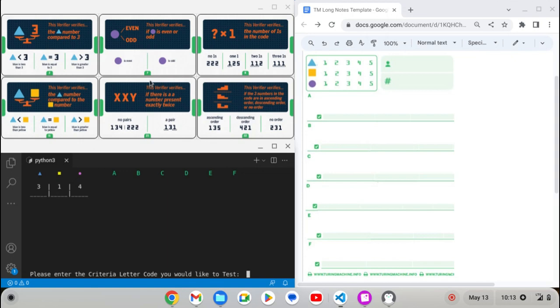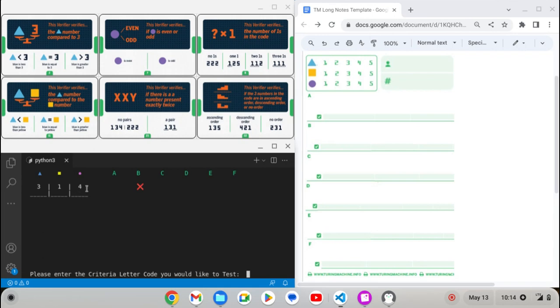The first thing I'm going to test is criteria B, to figure out whether the third digit, the circle digit, is even or odd. The Turing machine responds, no, you are incorrect. If I look at my proposal of 314, I chose to have a 4 for circle, and it's telling me that's not correct.